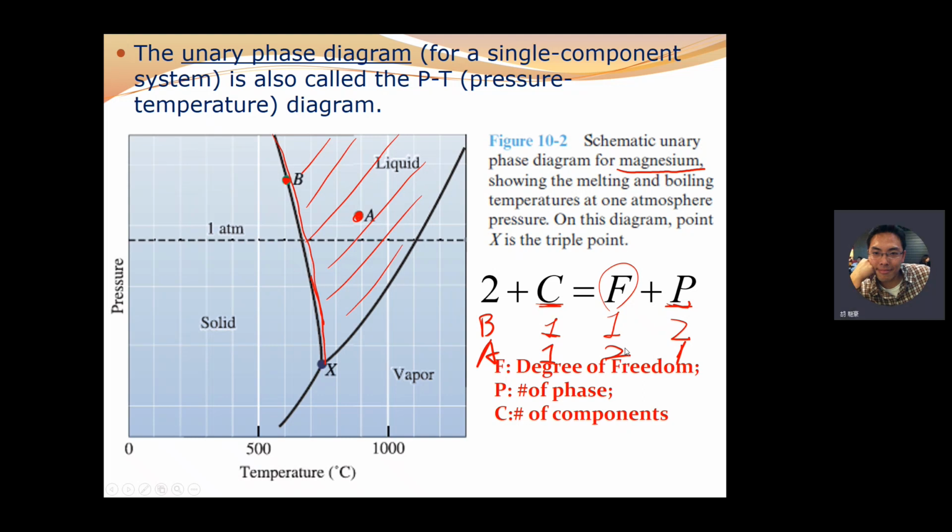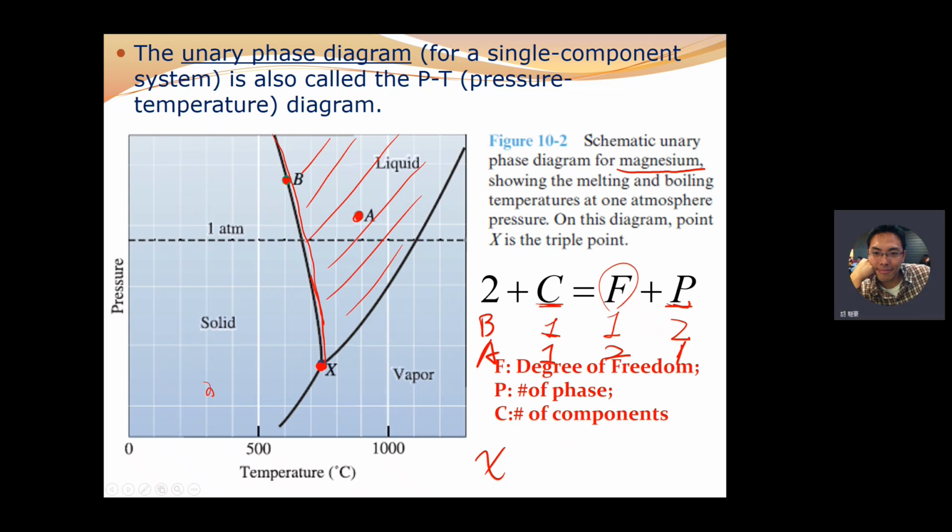Okay, so how about point X? How many degrees of freedom does it have? The point X. 0, right? So we have a three-phase coexisting point. Its degree of freedom is 0.